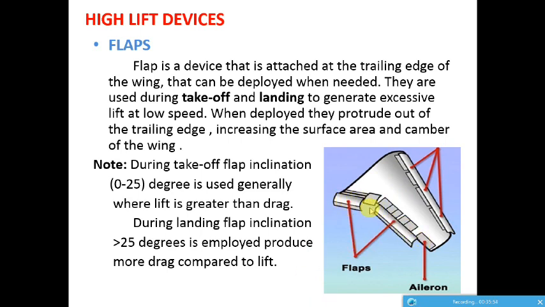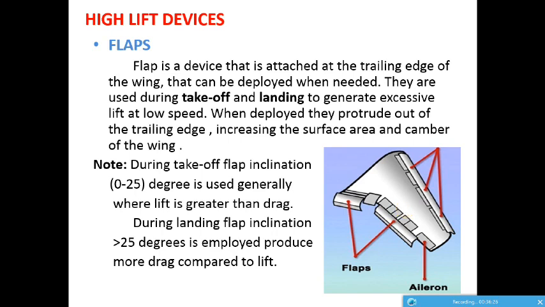In some larger aircraft like the Boeing 747, you usually have flaps and slats which can be deployed or retracted inside the wing of the aircraft. When there is no requirement, the flaps can literally move inside the cavity inside the wing.